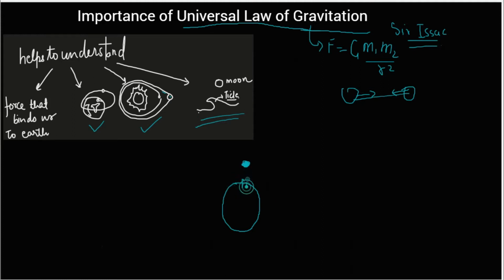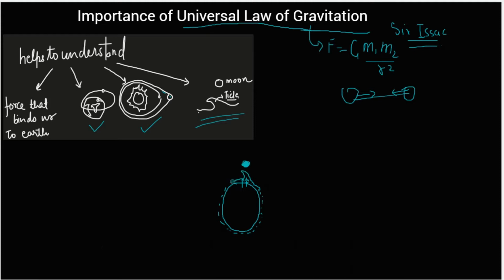Now what happens is that it also attracts the earth. It started attracting the earth, but the earth has a lot of mass, so you can't see the shift, but you can see the movement of water. Water is on the surface of the earth, and when the moon comes near to the earth, the water starts going towards the moon, creating a high tide.